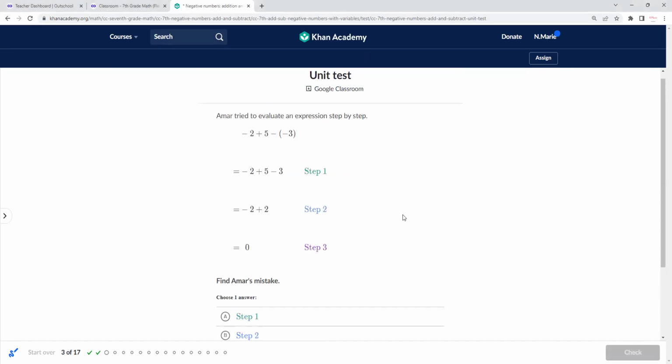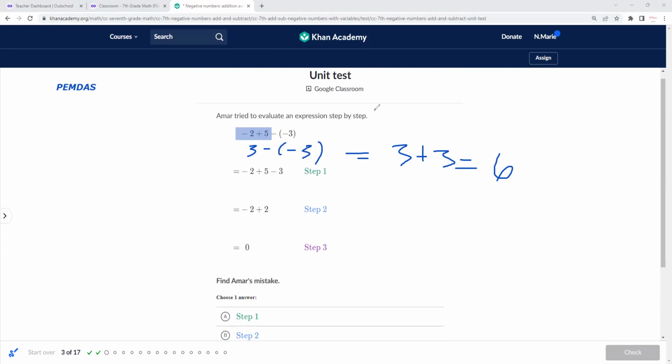Amar tried to evaluate the expression step by step. Did Amar make a mistake? Okay, so remember, you learn early on PEMDAS: parentheses first, exponents, then multiplication, division, adding, and subtracting. So here we have -2 plus 5. That gets me 3. 3 minus -3 becomes 3 plus 3, which is 6.